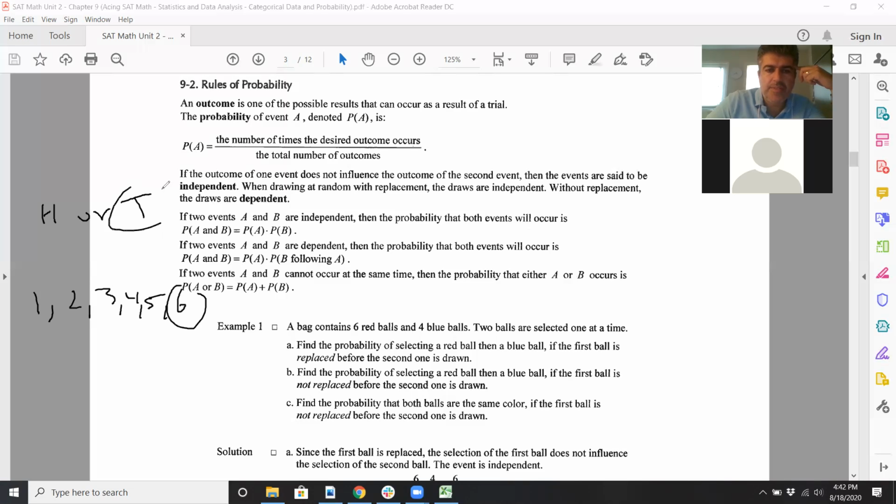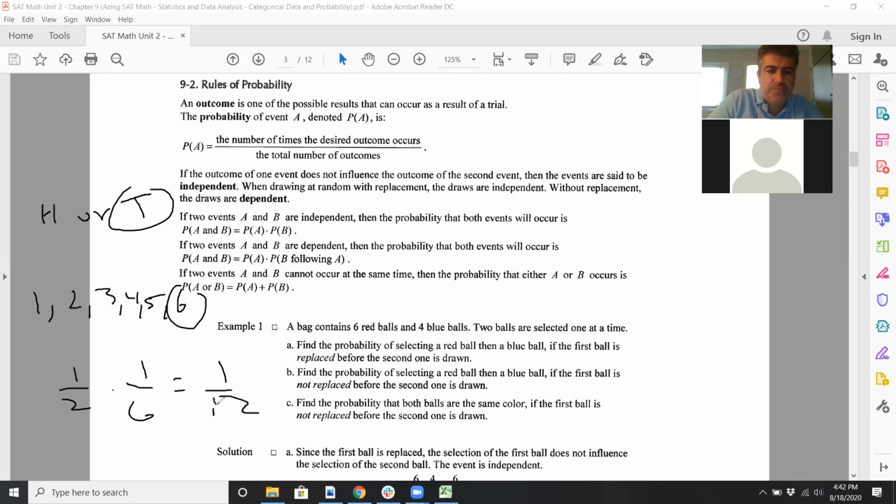So say I want tails and a 6. Well, the probability of getting tails is 1/2. The probability of getting a 6 if I roll a single die is 1/6. So the probability of both those events occurring simultaneously, like I flip a coin and I roll a die, is 1/12, right? They're independent because the coin doesn't impact the die and the die doesn't impact the coin. So they don't have any impact on each other, so they're independent.